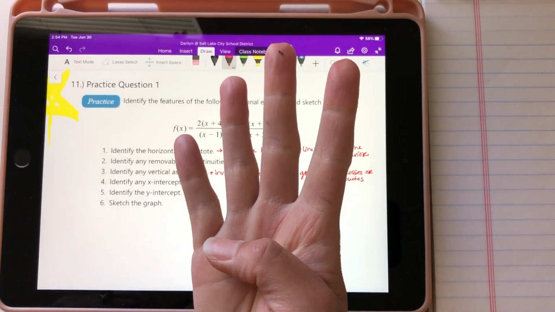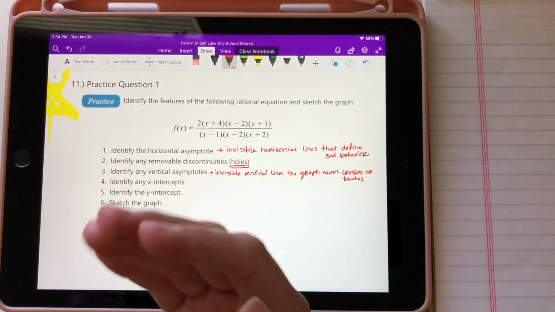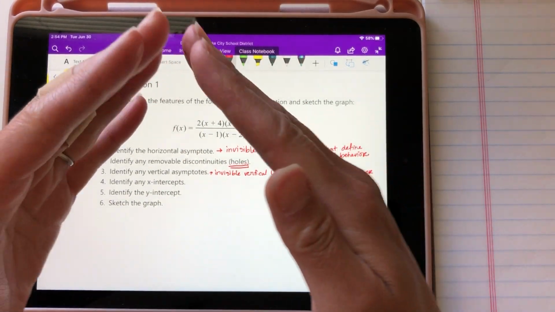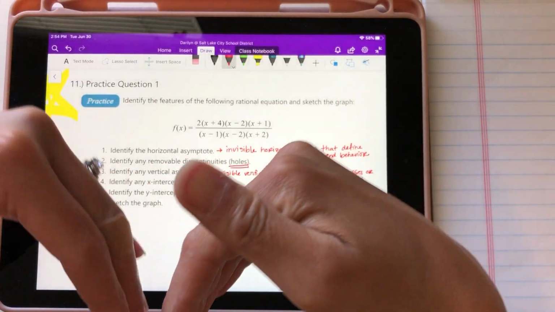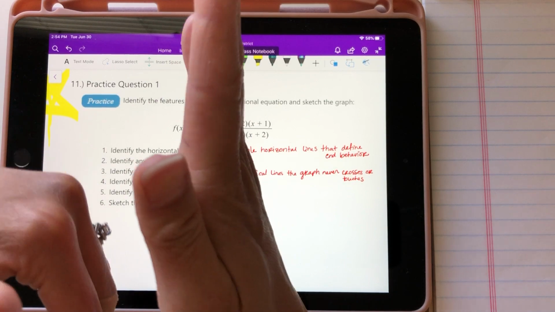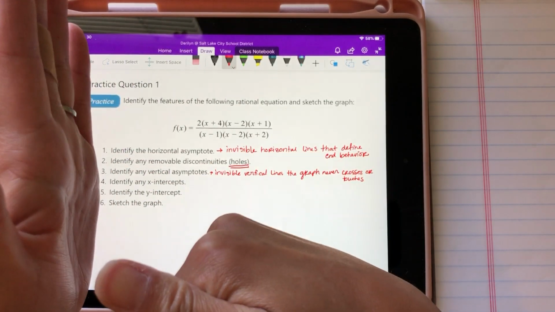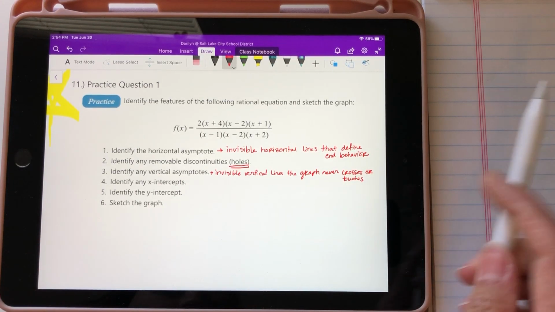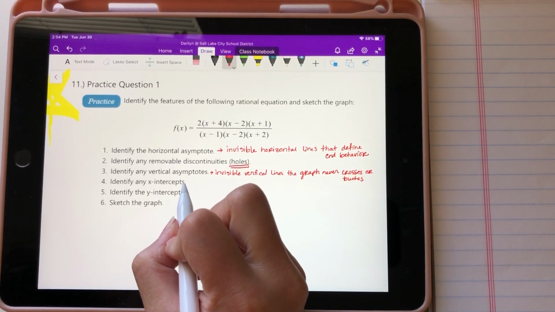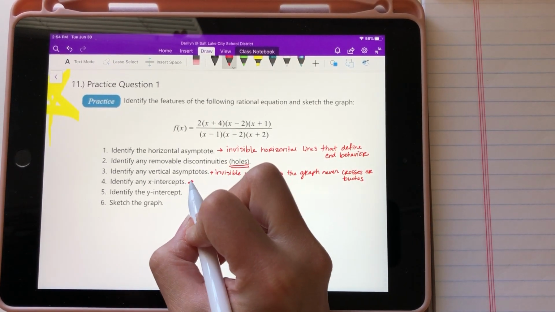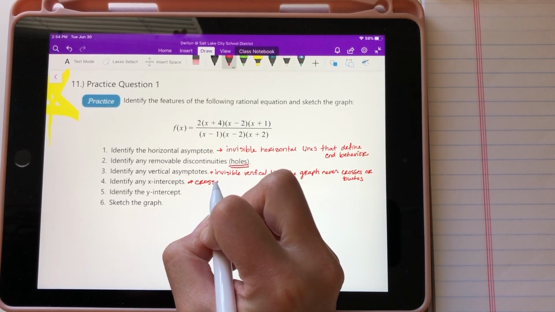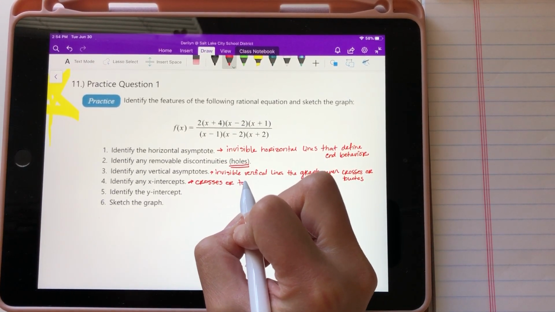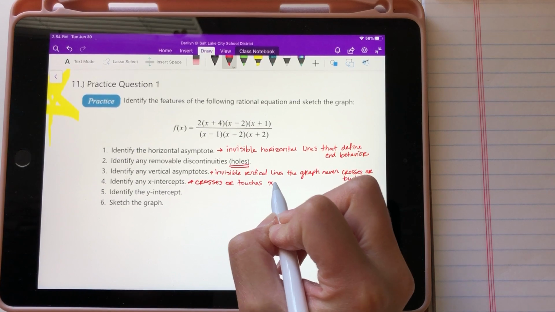So there's 4 ways that a graph can behave at a vertical asymptote. It can both go up, it can both go down, it can go opposite, or it can go opposite the other way. X-intercepts are where the graph crosses or touches the x-axis.